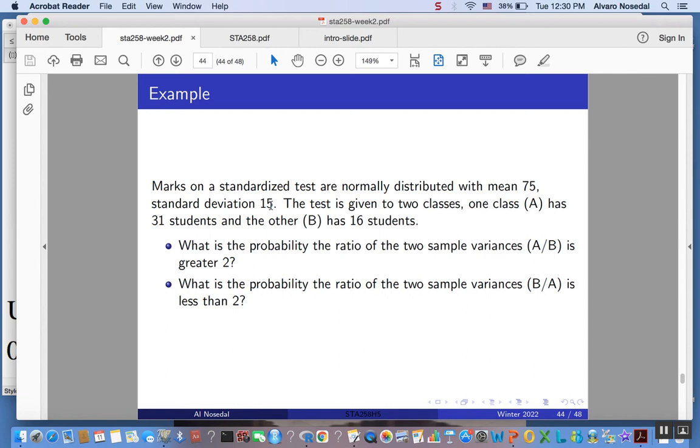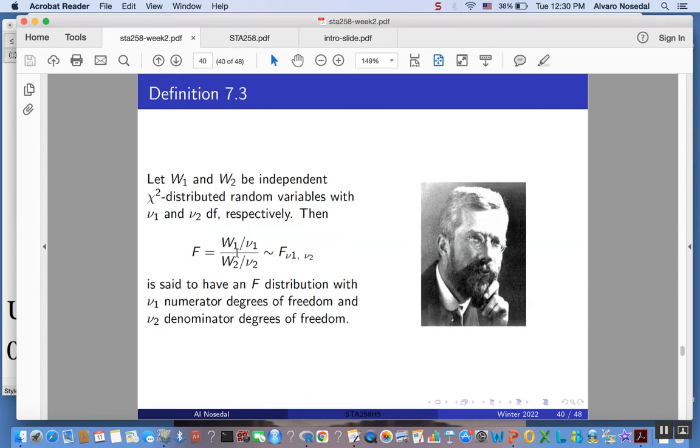So we realized that if you wanted to say something about that ratio of sample variances, we could use an F distribution, just by the very definition of an F distribution. The definition is here: it's the ratio between two chi-square distributions divided by their respective degrees of freedom.